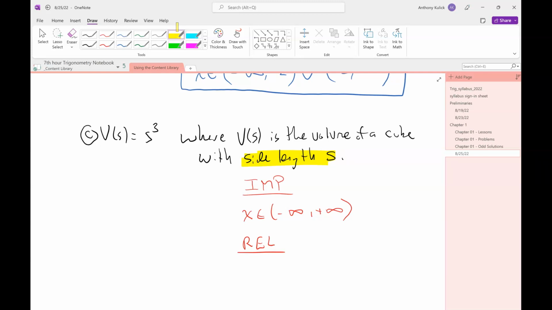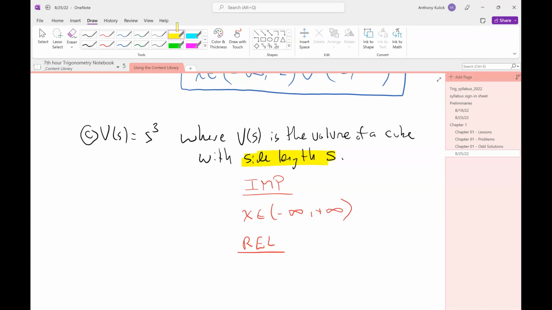What kind of numbers can represent a side length of a cube? Real numbers? Sure. All real numbers, though? Positive real numbers, right? You can't have a figure that has negative side length. That's bonkers. What the heck would that even mean?